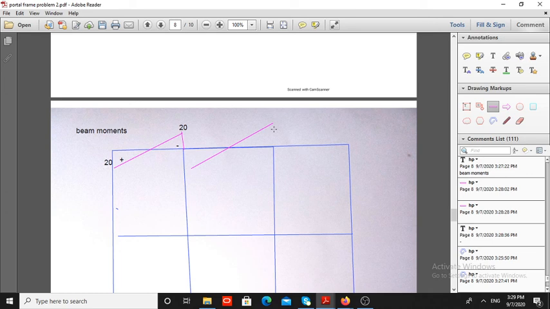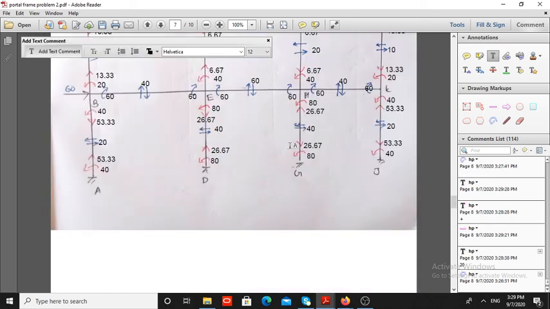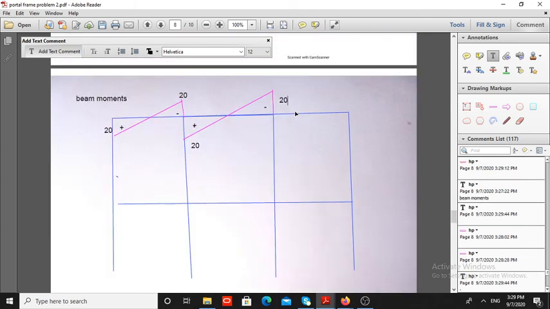We know the beam moment value here is also 20. So this is positive and mark the value 20. Similarly this is negative and mark the value 20.